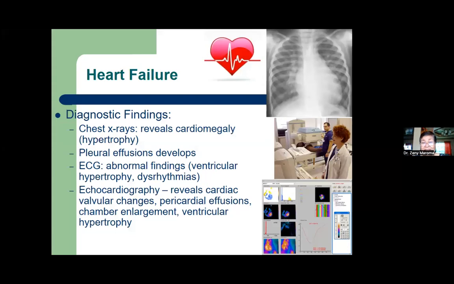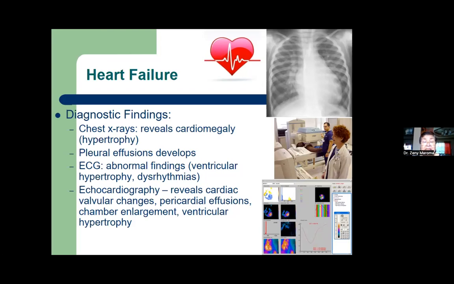So diagnostic findings. Chest x-ray, ano makikita? Cardiomegaly. All right. And pleural effusion. There's also abnormal volume of fluid in the pleural cavity. That's called pleural effusion.